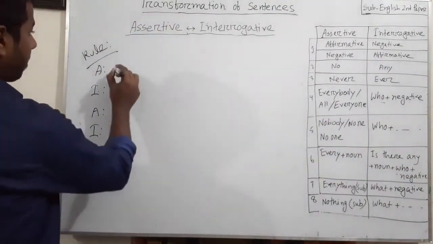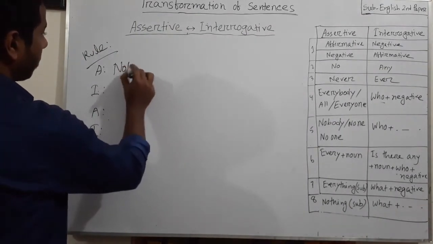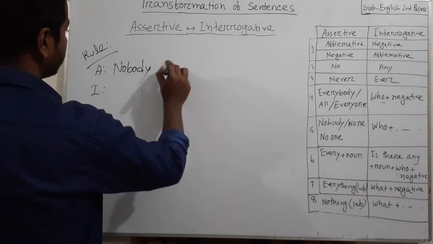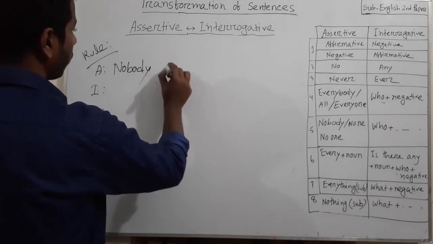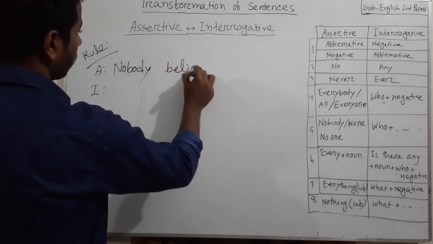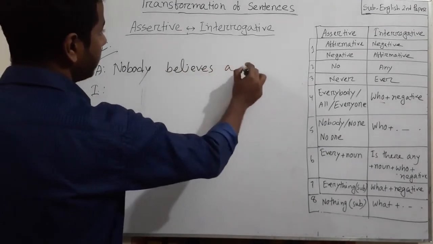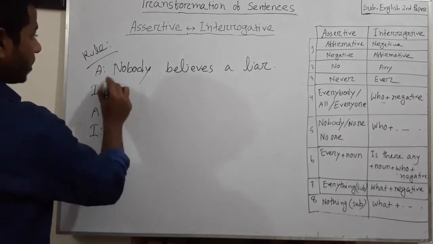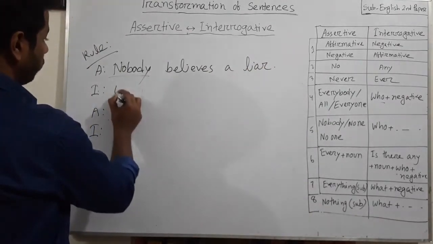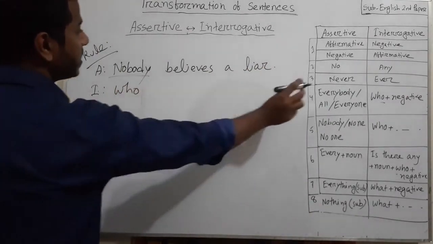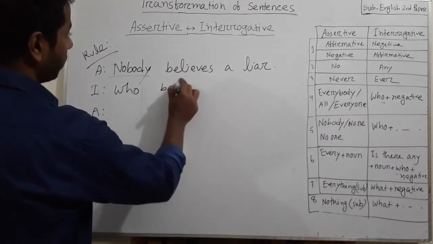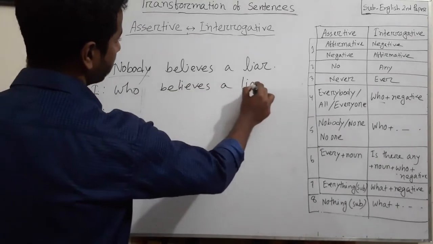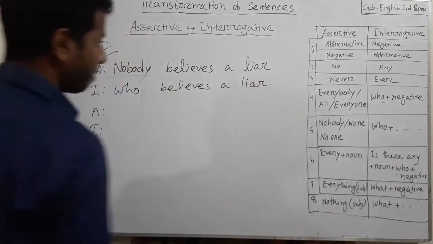Okay, for example, nobody believes a liar. So instead of nobody just write who, and the rest of the sentence will be the same. Who believes a liar?